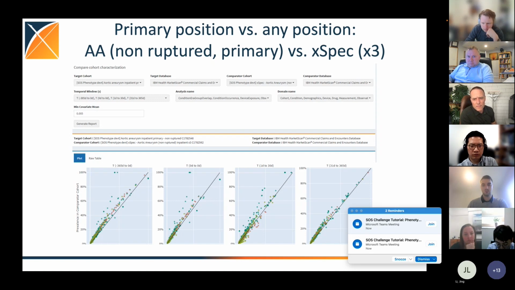I did have a little bit more to go through with respect to looking at the role of things like a marginal cohort.